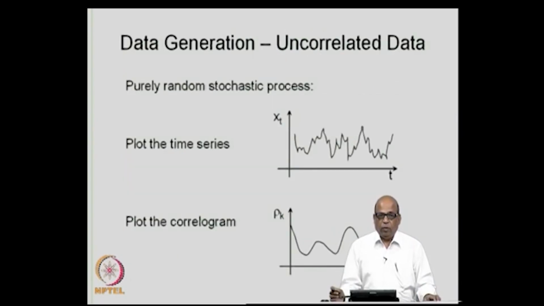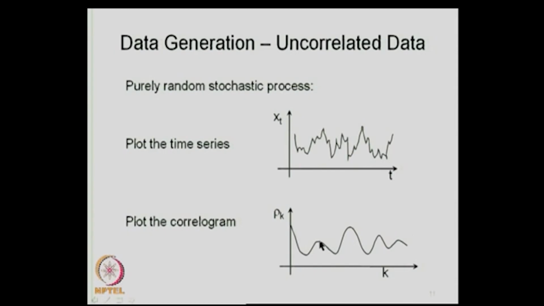So, we will now look at data generation. First, we will consider uncorrelated data, that is what we discussed earlier as purely random or purely stochastic processes. If you see the correlogram for a purely stochastic process, the correlogram should indicate that the data are uncorrelated.